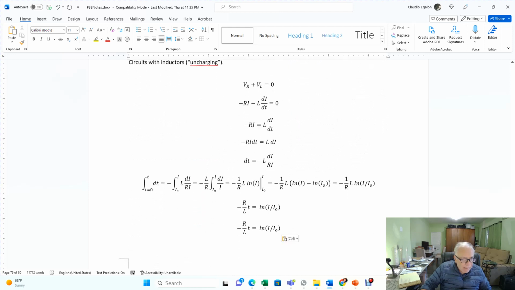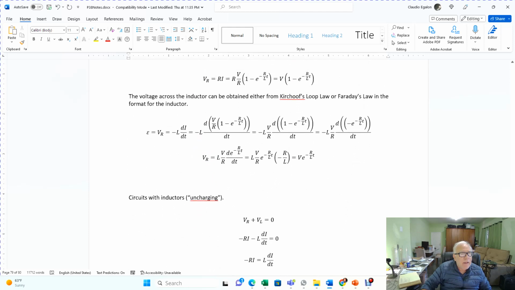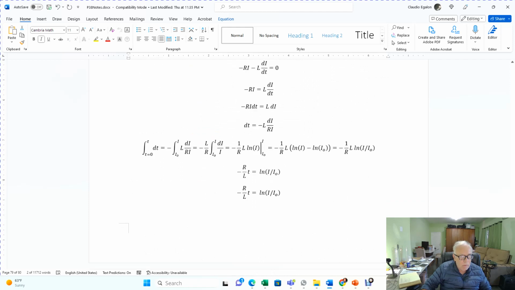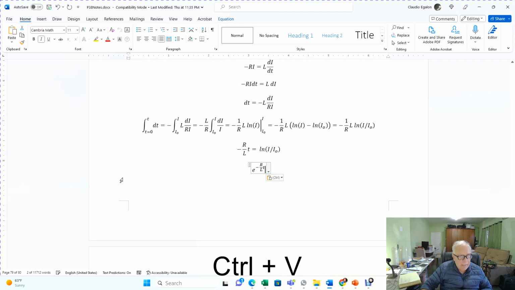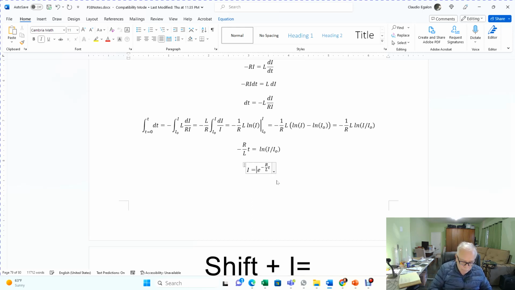And we finally have, I'm going to take advantage of this term here and change it accordingly. Like that. So that's how the current changes as time goes by.